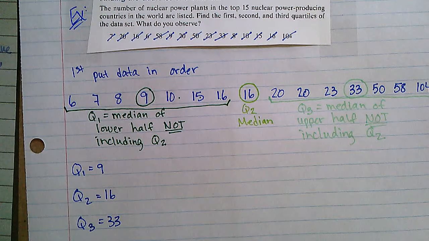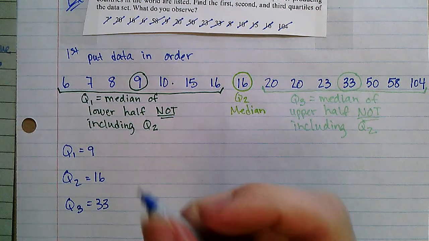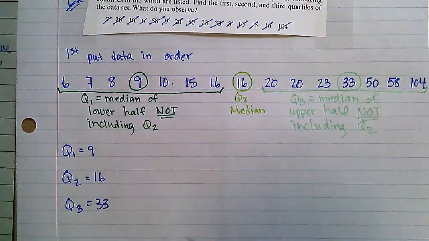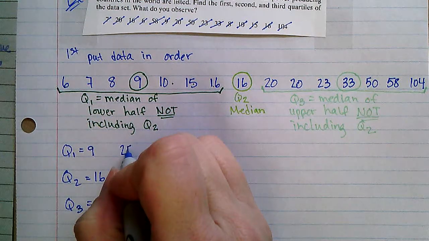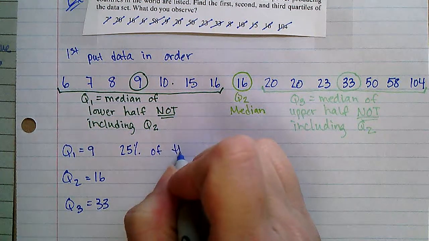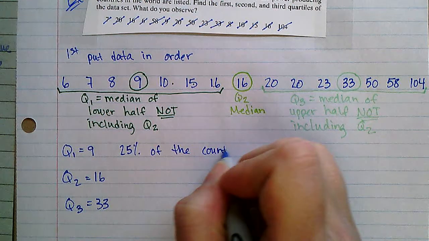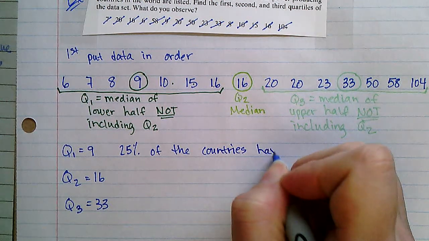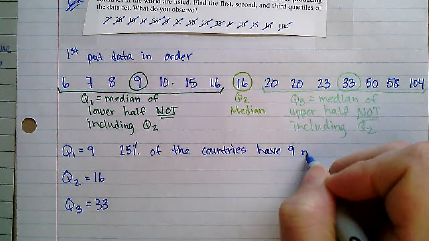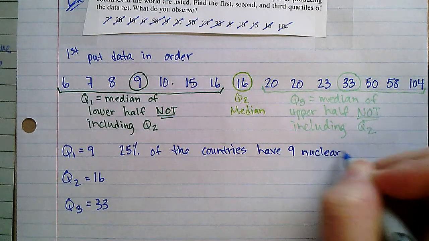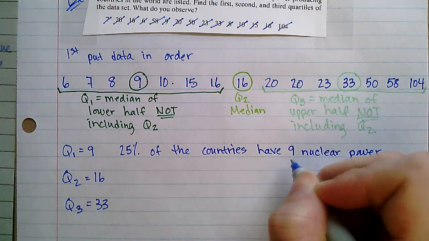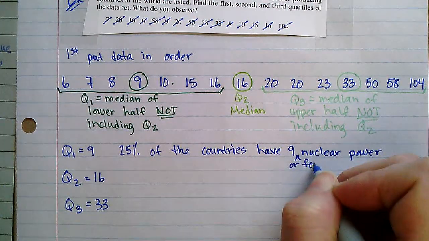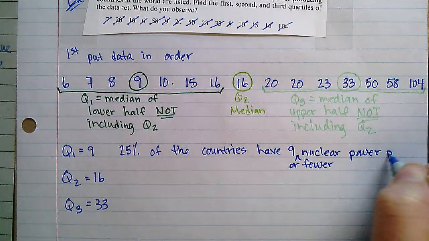So how do we then interpret that? What we would say here, Q1 equals 9, we would say that 25% of the countries have 9 or fewer nuclear power plants.